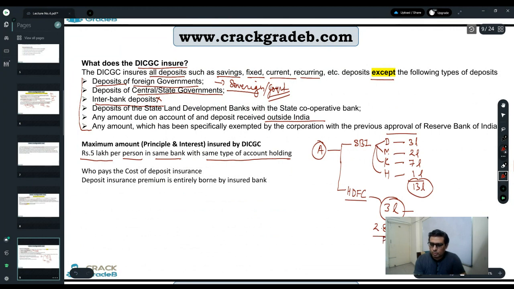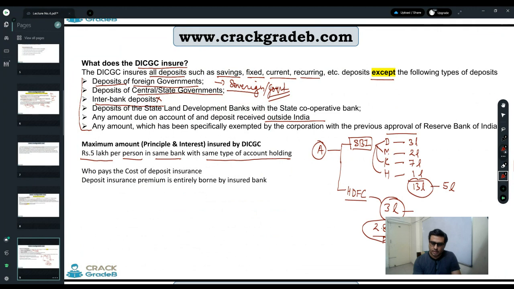Both the principal amount and the interest amount are going to be insured. Means when DICGC insures your amount, that includes the principal as well as the interest. Also, whatever amount you have deposited in a particular bank, wherever you have deposited, in different branches, out of the total sum 5 lakh will be insured, including principal and interest.